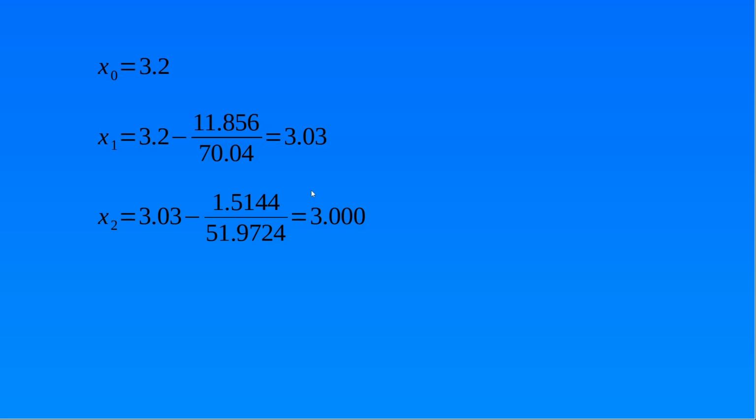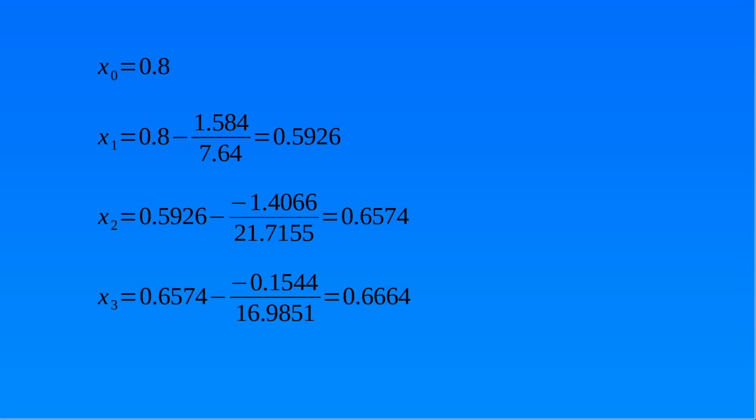If your guess is fairly good, a very good guess near the root, 1 or 2 estimates should actually give you the root. If you're away from the root, it should take you around 5 to 6 iterations. Now, let's find the other root. This is pretty blind. I take an estimate of 0.8 and do the calculation once again. I put in 0.8 and get the numerator and the denominator.